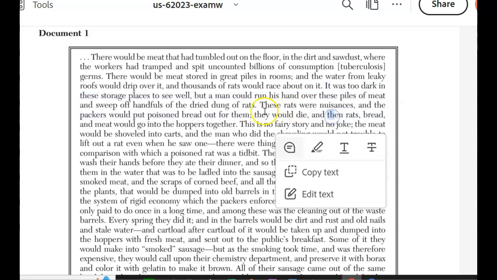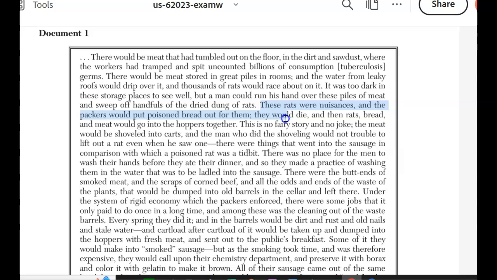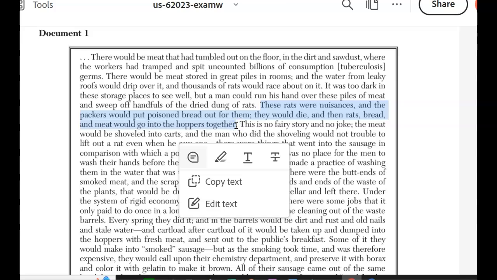These rats were nuisances, and the packers would put poisoned bread out for them. They would die, and then the rats, the poisoned bread, and the meat would all go in hoppers together. Hopper, if you don't know, is a big sort of a bin, and you threw the meat in this bin, and they would then grind it up to make sausage and stuff.